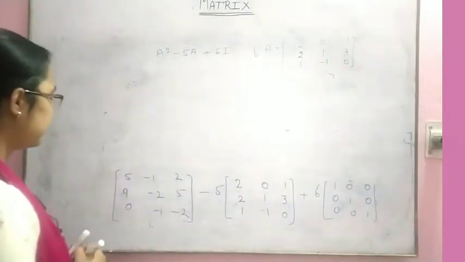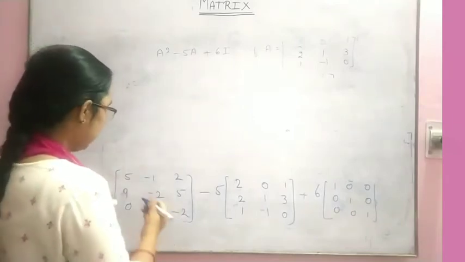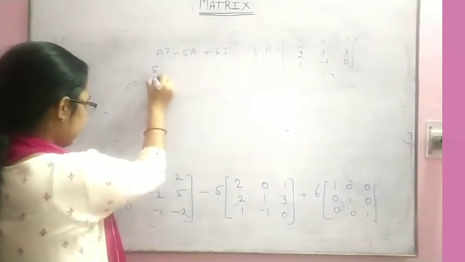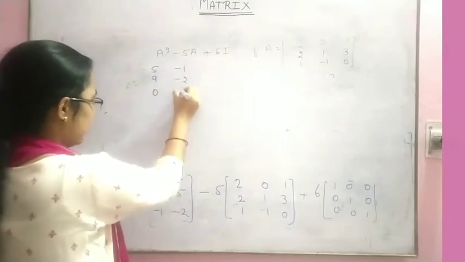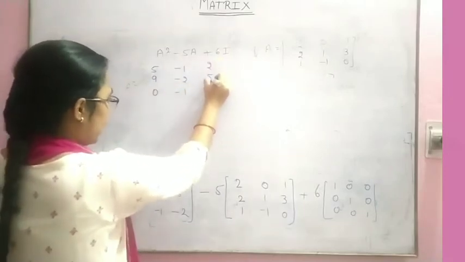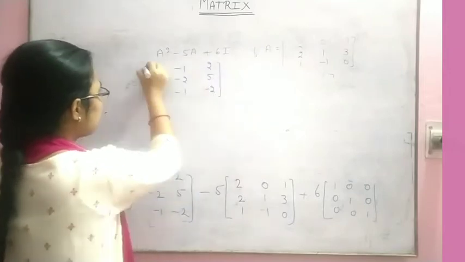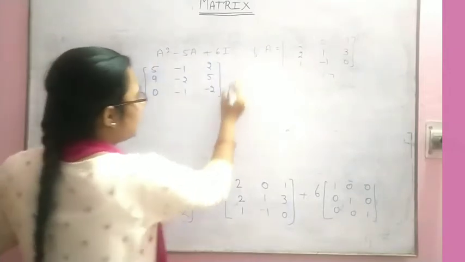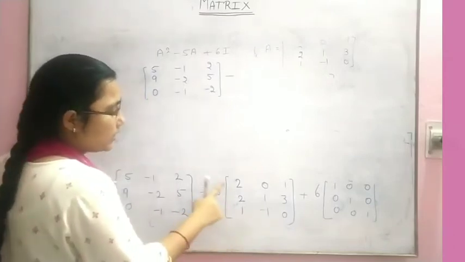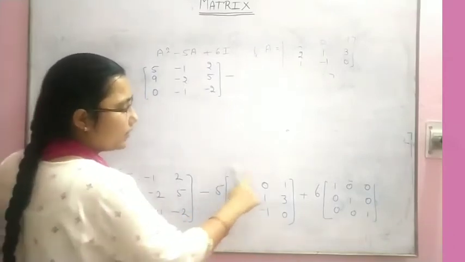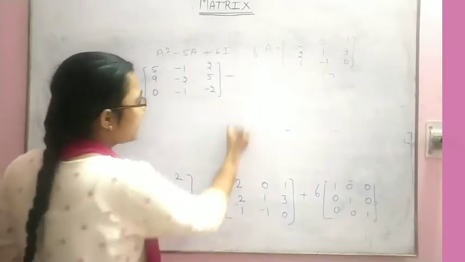So now solve all these matrices. We get, first one is 5, 9, 0, minus 1, minus 2, minus 1, 2, 5, minus 2. Minus, if a scalar is multiplied by any matrix, then the scalar will multiply by each element.